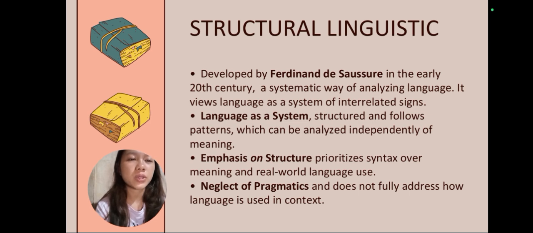Its emphasis on structure prioritizes syntax over meaning and real-world language use, neglects pragmatics, and does not fully address how language is used in context. So structural linguistics was developed by Ferdinand de Saussure. Language as a system follows patterns independently.